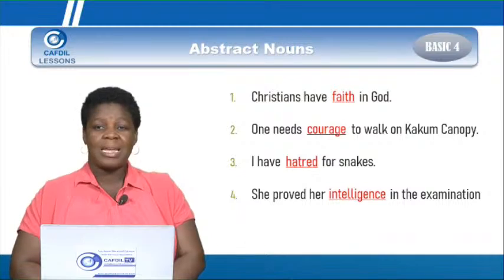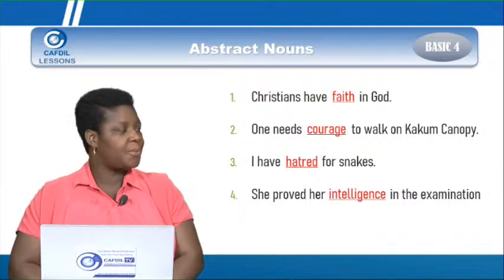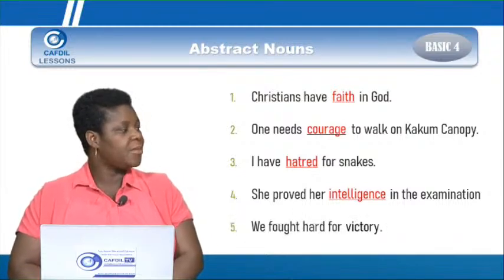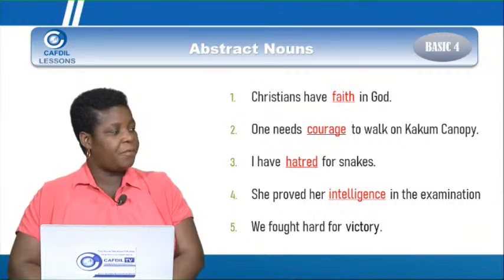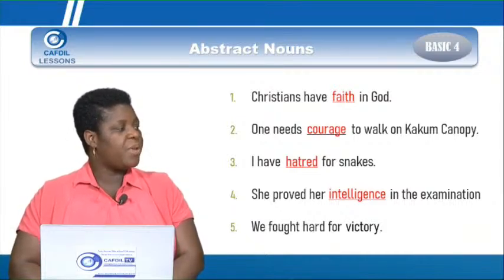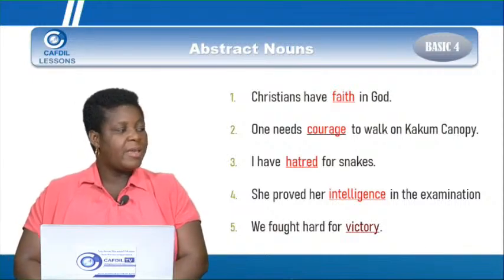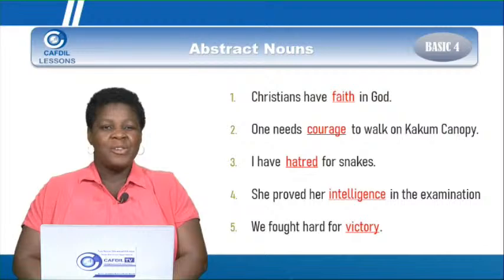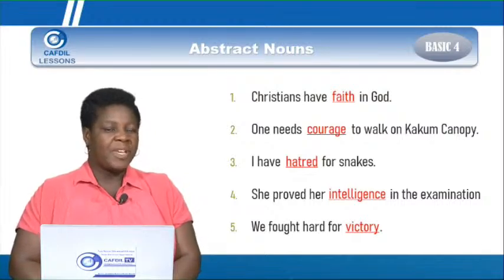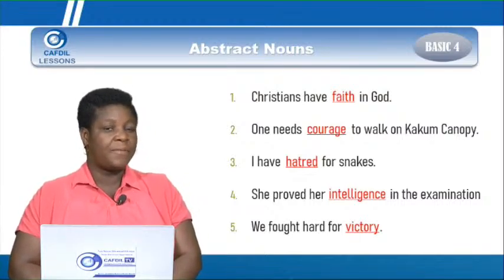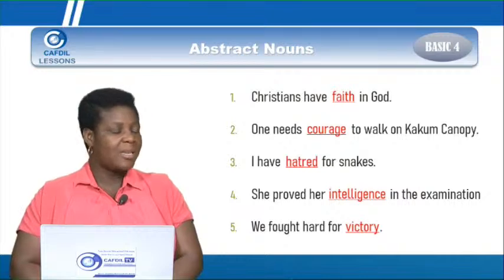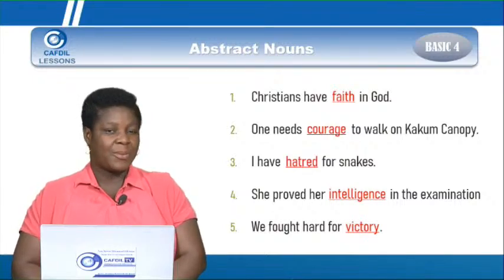Therefore, it is an abstract noun. We fought hard for victory. Victory, you look happy, but victory is not something that you can feel, see, smell, or touch. So victory is also an abstract noun.